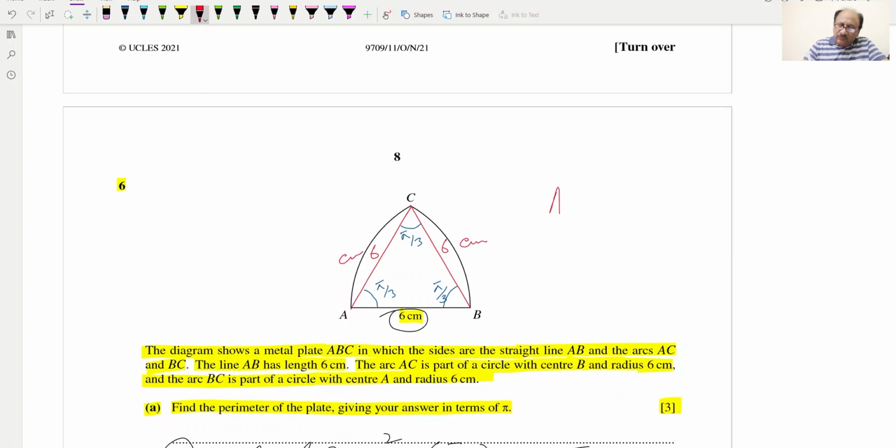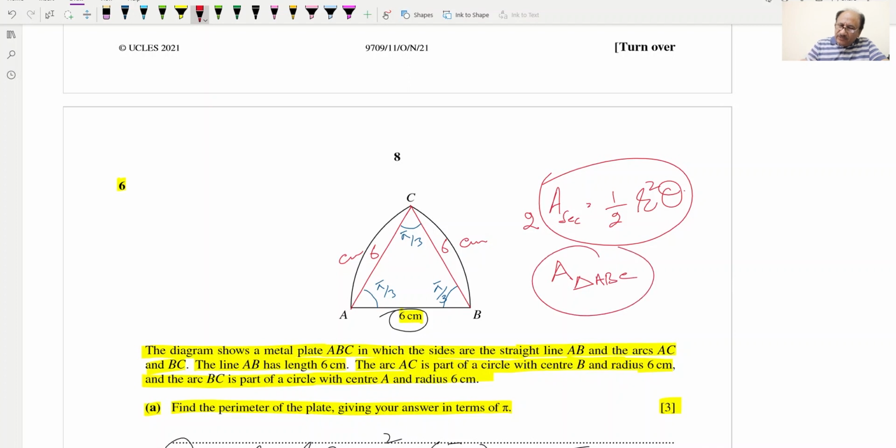Formula, we know area of sector is equal to 1 by 2 r squared theta. We will apply this formula, and then we can take the area of sector and multiply it by 2, and then subtract the area of triangle ABC.